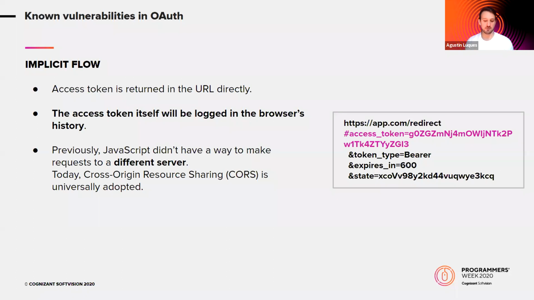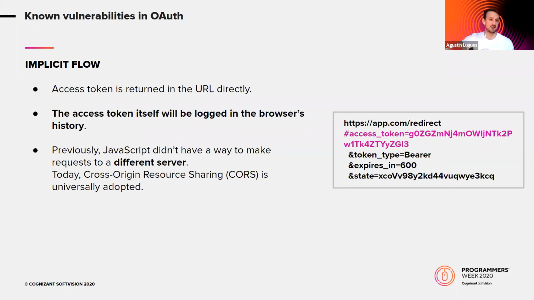But it is important to mention that at the beginning, JavaScript applications couldn't make a request to a different server, a different domain, and the authorization server is in a different domain. That's why this flow appears. But nowadays, cross-origin resource sharing, known as CORS, is universally adopted, and JavaScript applications can make POST requests to another domain, cross-origin requests. So there is no excuse to use this flow instead of the authorization code flow.